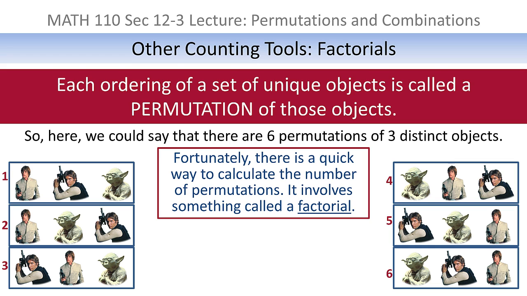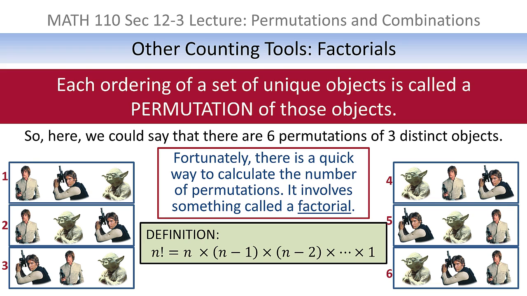Fortunately, we don't have to do this by brute force, by drawing a tree diagram or doing it the way I did earlier. There is an easier way to do this, but it involves something called a factorial. And here's the definition. N with an exclamation point after it, read n factorial, is equal to n times n minus 1 times n minus 2, and as you can see, the pattern continues multiplying until you get down to 1.